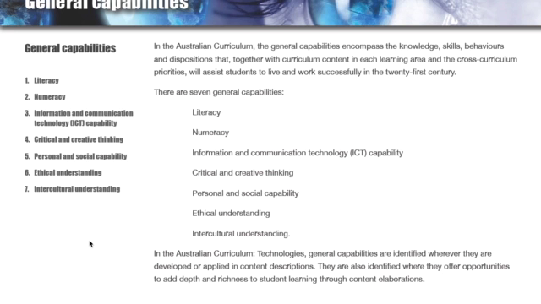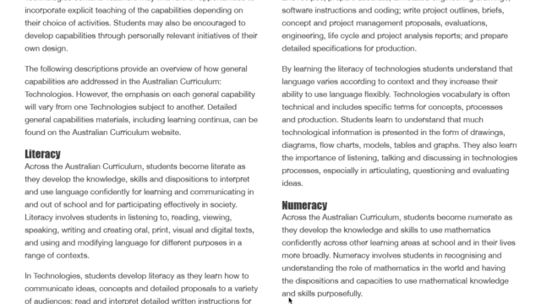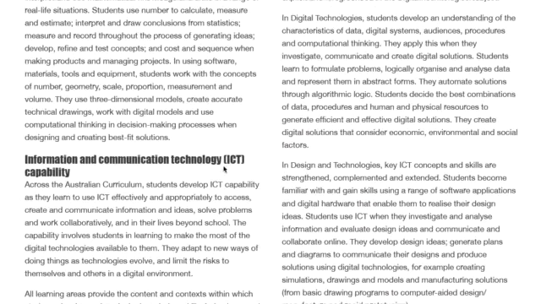So literacy has a whole range of general capabilities that we want to see developed in all of their learning areas. So whether or not you're doing something around science or around English or technologies, there'll be opportunities to develop students' literacy skills or capabilities. Same for numeracy, and also ICT.